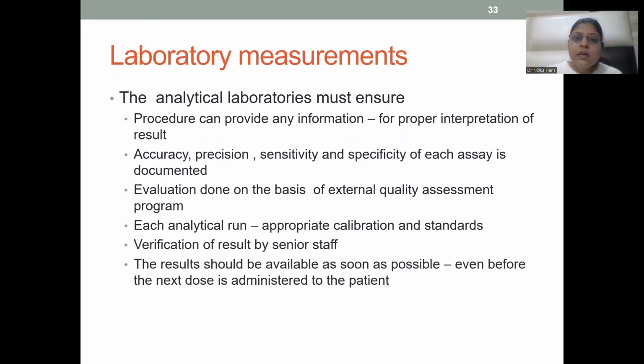Now, the analytical laboratories must ensure that the procedure provides the proper information for correct interpretation of the result. Whichever procedure they follow, it should be accurate, precise, sensitive, and specific.